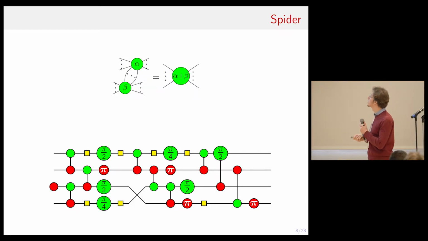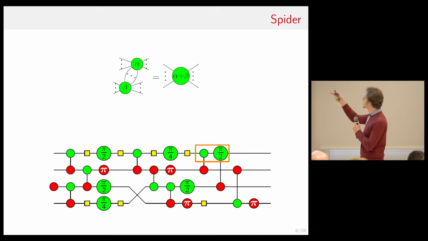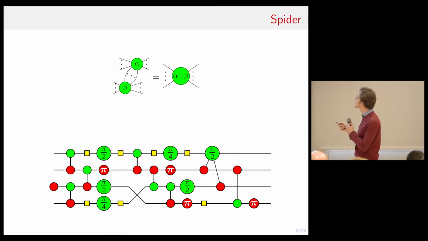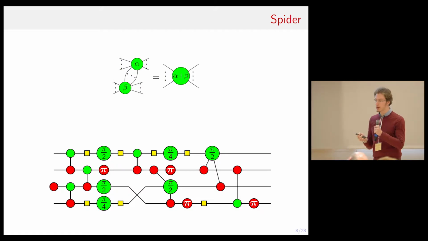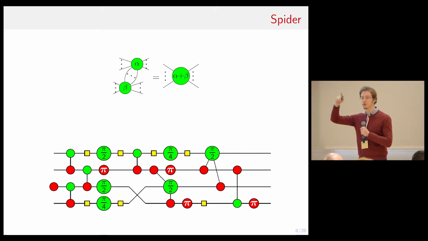Bim, it's merged. You can continue and merge these two nodes. And then you can do it recursively as long as you can. So for instance, here. And also, as I said, the green and red nodes are equivalent, so we have this rule also for the red nodes.